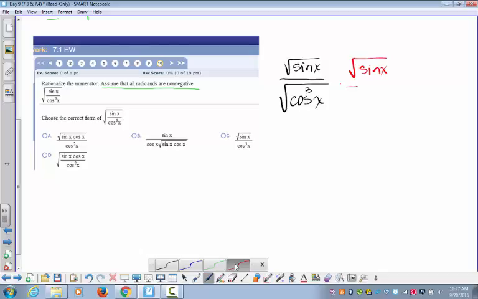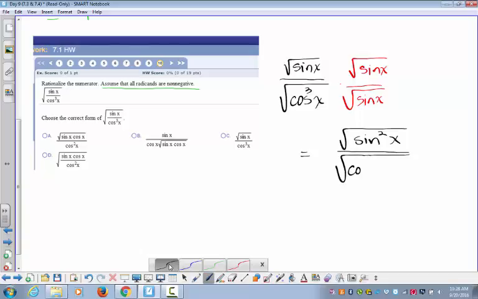Right, that's how you get rid of a square root. You multiply it by itself, and that will generate the following expression. So the square root of sine times the square root of sine is the square root of sine squared. And then downstairs we'll have the square root of cosine cubed times sine of x.